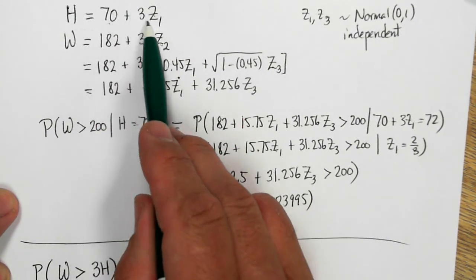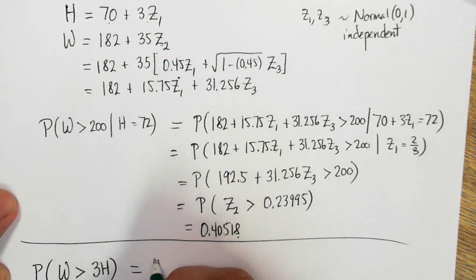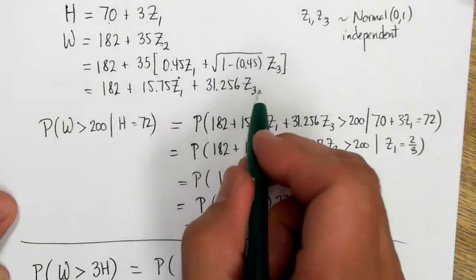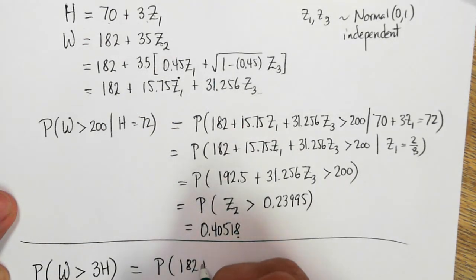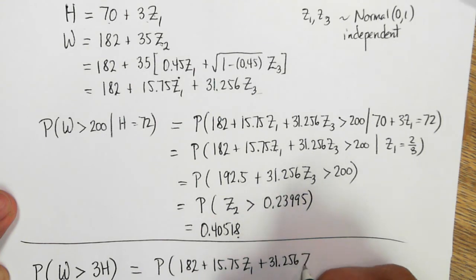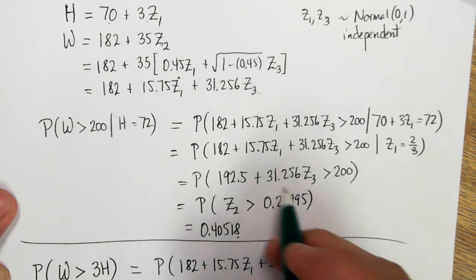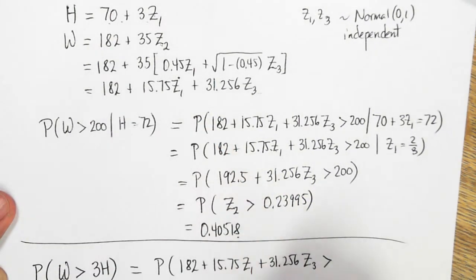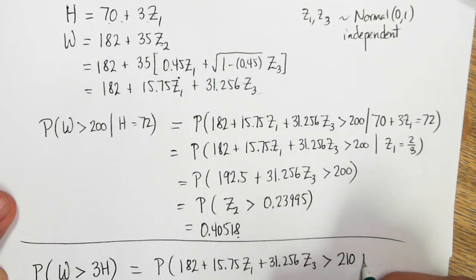My height is 70 plus 3z1, and my weight is this line here. So 182 plus 15.75 z1 plus 31.256 z3 is greater than 3 times the height, which is 210 plus 9z1.